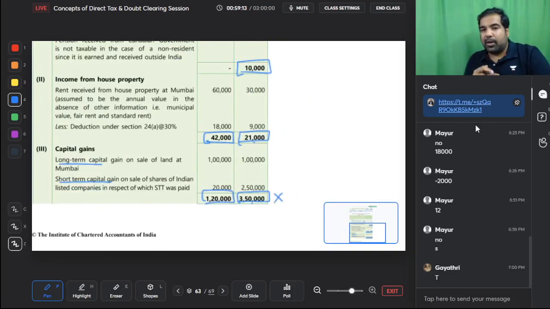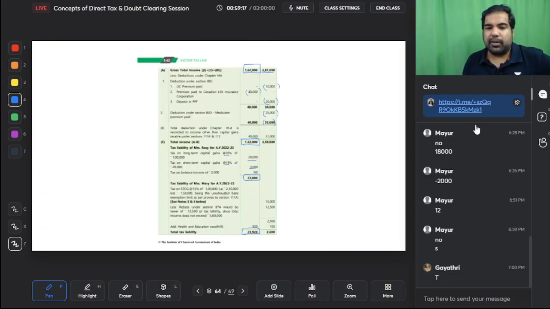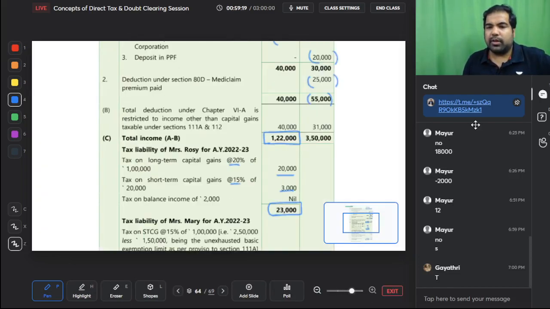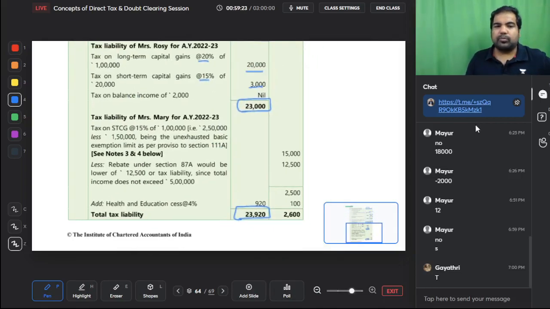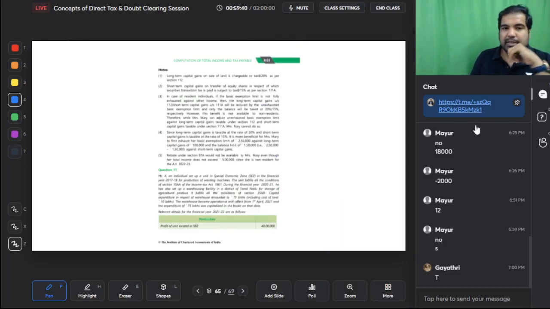Remember, guys, available and non-available. So you can only minus against 21 plus 10, which is 31. So you will restrict it to 31. So your total income is 3,50,000. On that 3,50,000, 15,000 is your tax, but rebate is maximum 12,500, so 2,500. Remember, rebate cannot be used against 112A, but on 111A it can be used. So this is your answer.